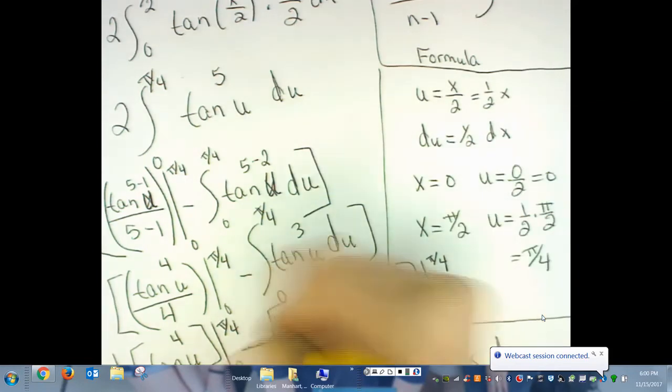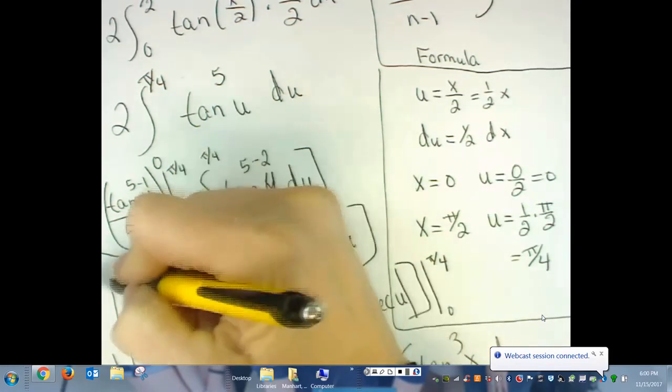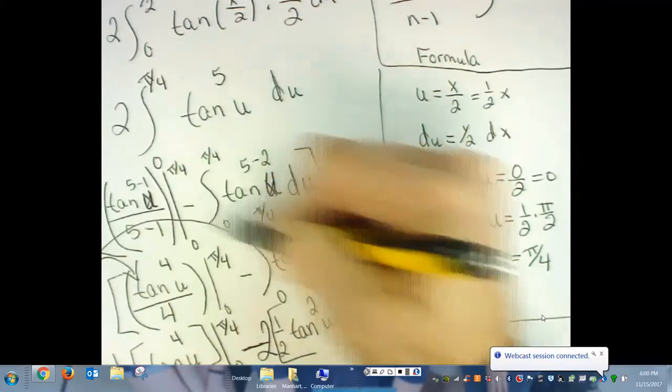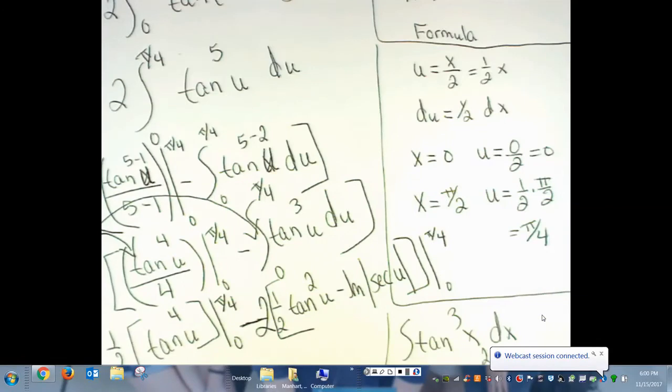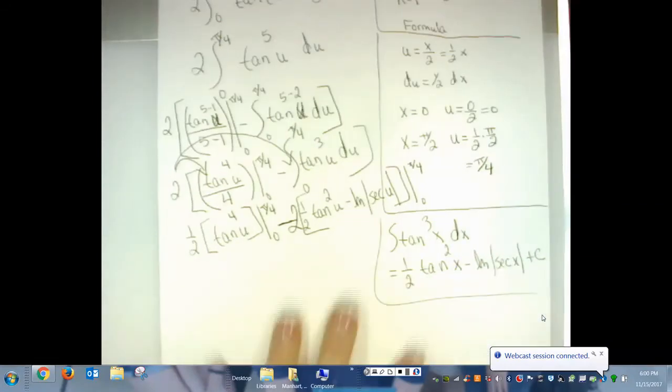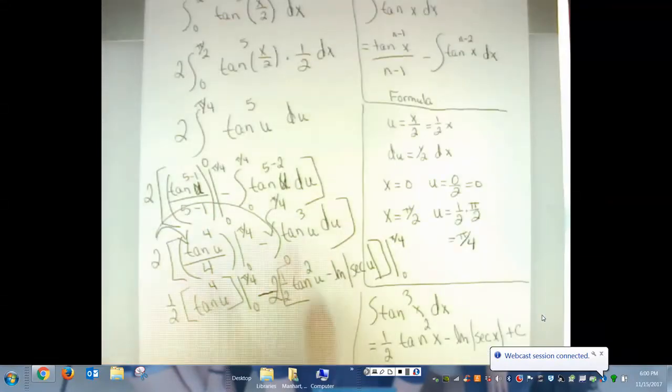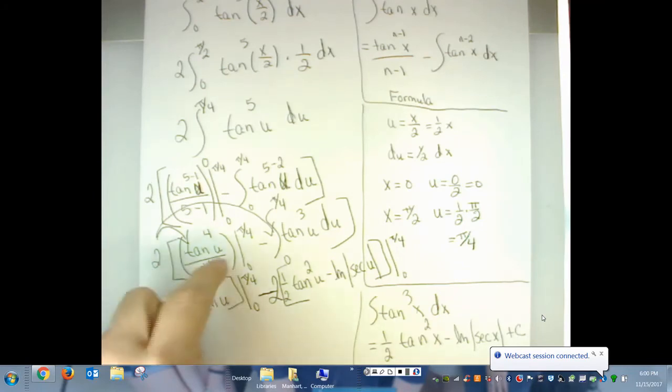And I forgot I need to distribute the 2 to this and the 2 here. So let me take a clean sheet of paper. So what I have in brackets for tangent u cubed is the formula, 1/2 tangent of u squared minus natural log absolute value of secant u. And I distributed the 2 here, which 2 times 1/4 is 1/2, and then distribute the 2 here.